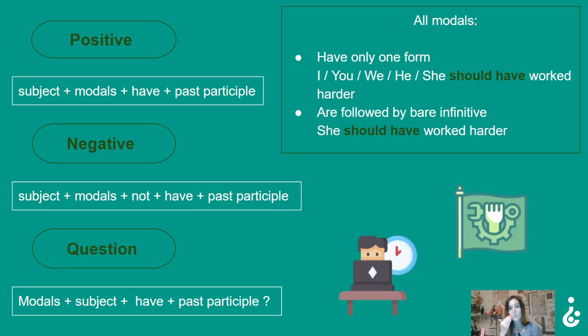And questions: modal, subject, plus have, plus past participle. All modals have only one form. I, you, we, she, he should have worked harder. And they are followed by a bare infinitive. She should have worked harder.